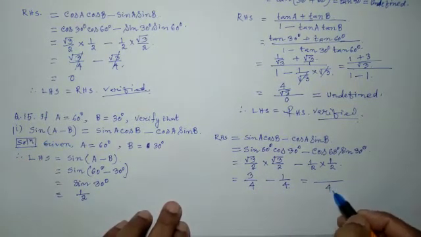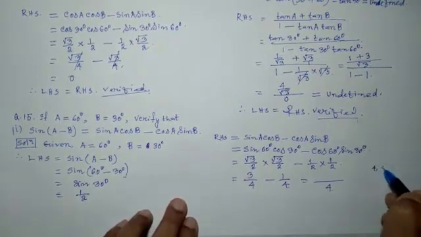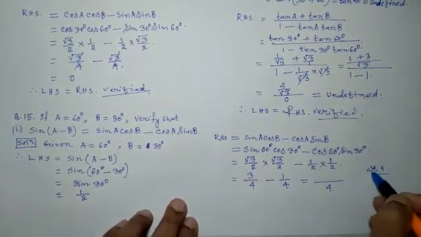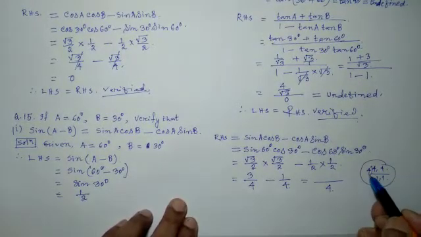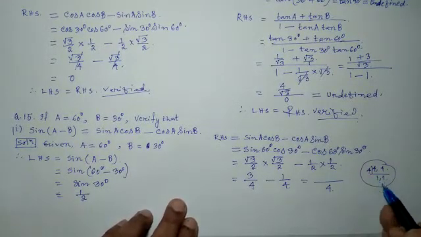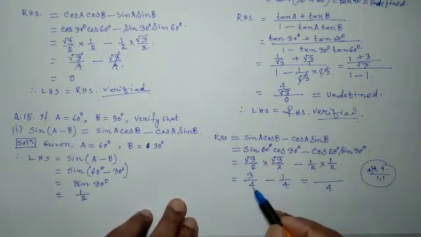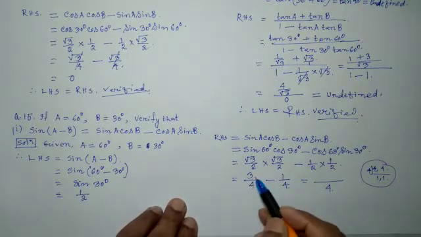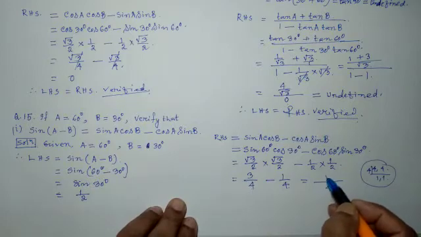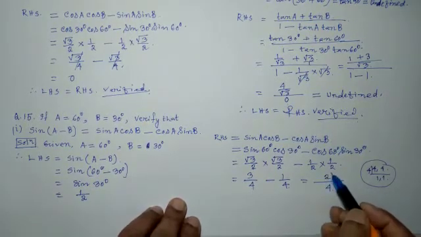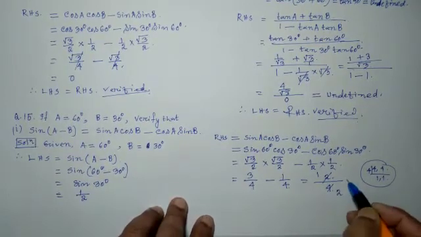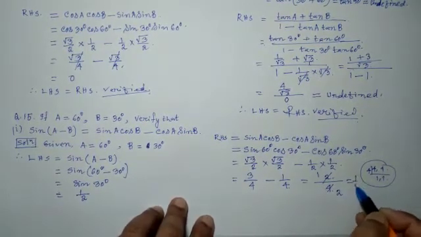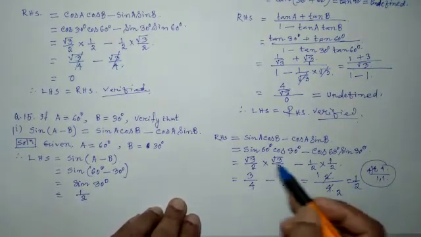LCM of 4 and 4 is 4. So denominators are same, so we can directly subtract 3 minus 1, what is it? 2. Then 2 by 4, we cancel by 2, 1, and 4 cancelled by 2 is 2. So we get here 1 by 2. That is the value of the right hand side.